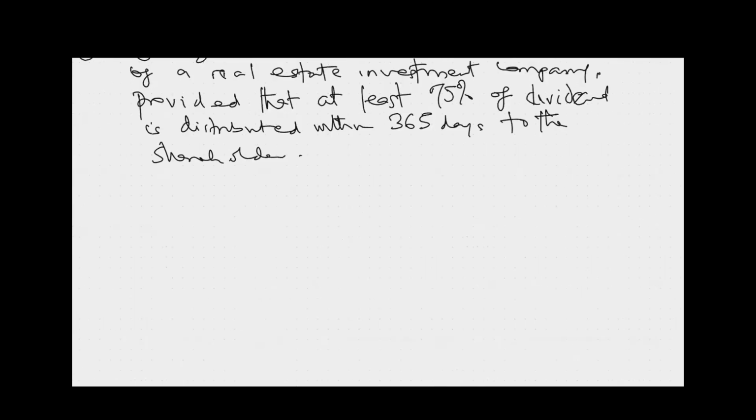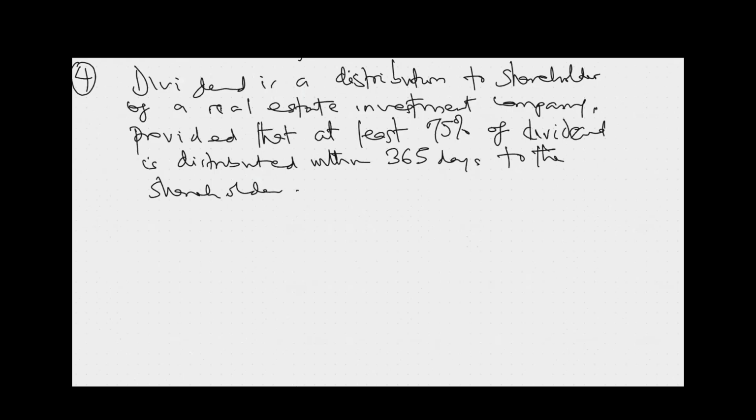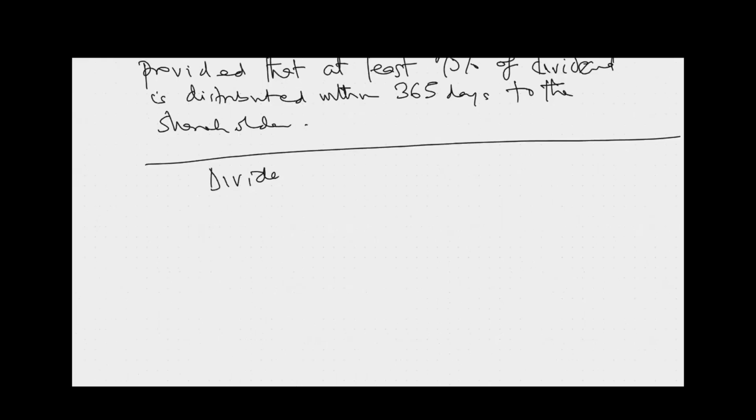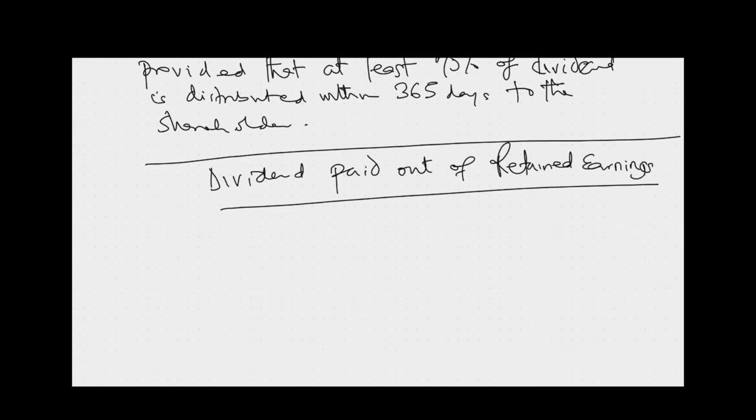You remember, we said if dividend is paid out of retained earnings, it is exempted. So let's see an illustration. An extract from the financial statement of Dividend Limited for 2019 shows the following.